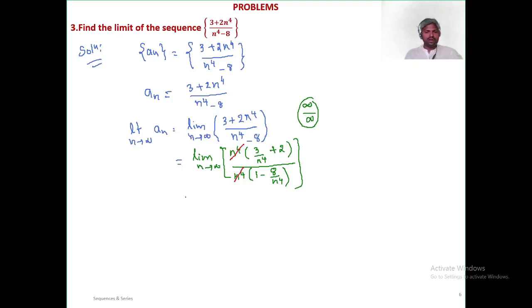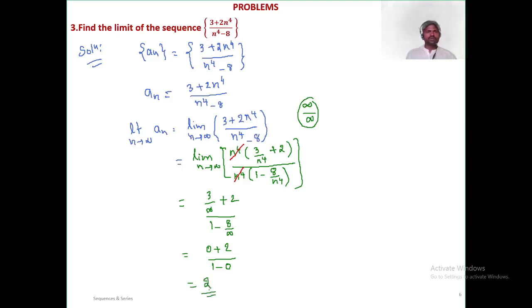Now apply the limit. Limit n tends to infinity of 3 upon infinity plus 2 divided by 1 minus 8 upon infinity, which is 0 plus 2 divided by 1 minus 0. So the answer is 2.